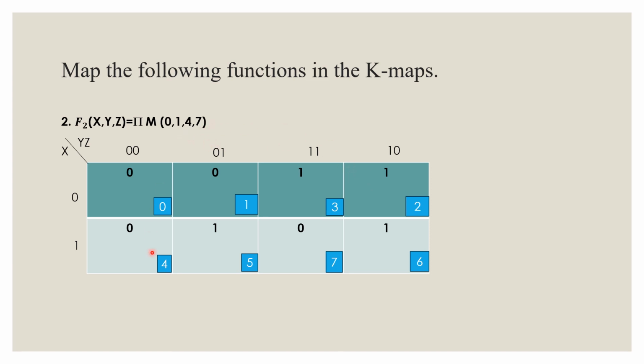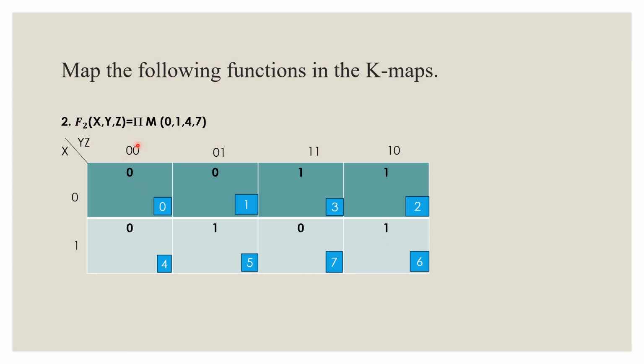Next box number is 4 and this box number is present here, so here we write 0 because we know that 0 represents the max term. Okay. Next, 5 is missing in this function, so here we write 1. 7 is present in this function, so here we write again 0. 6 is again missing here, so here we write 1.